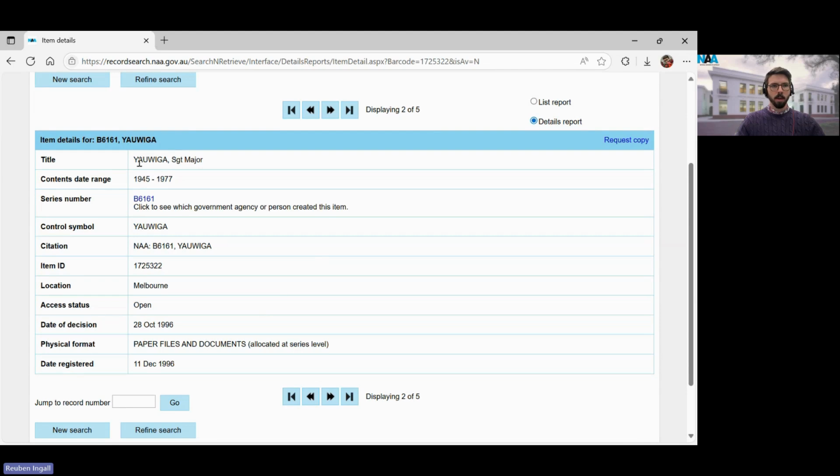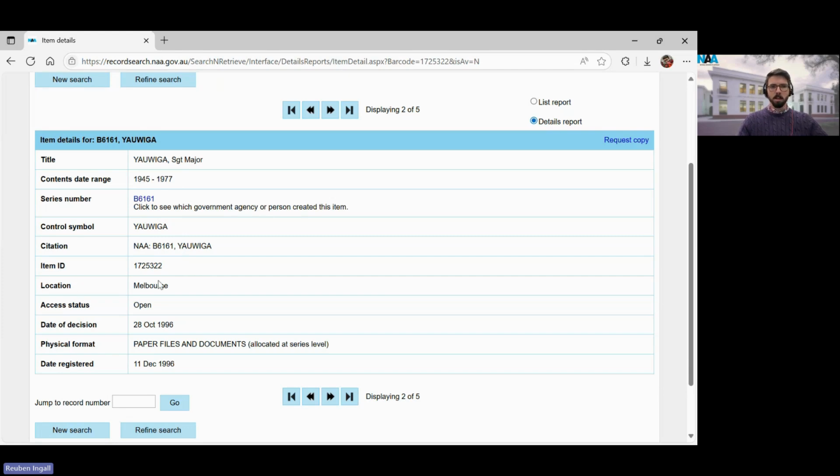The title, the date range that the contents is dated. The control symbol is the original kind of numbering or name of the file as it was created by the agency, and then the item ID is a National Archives imposed unique number for that record.